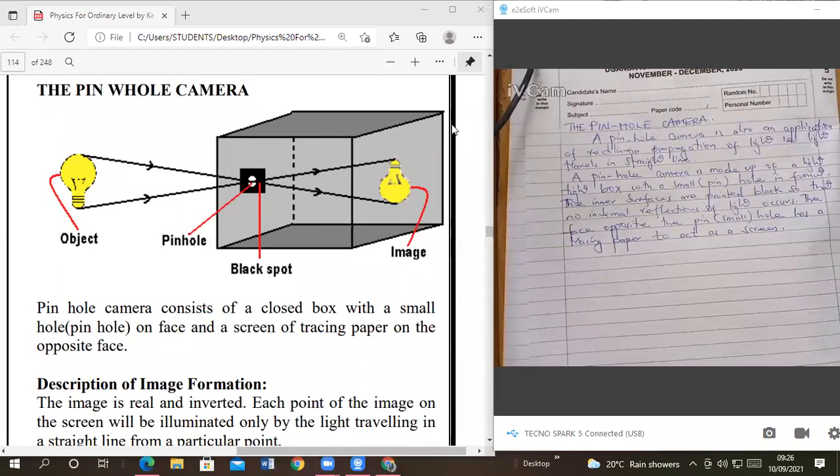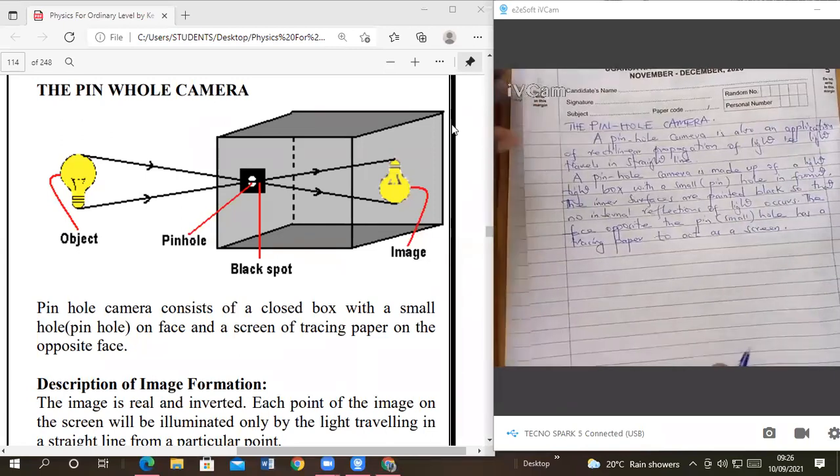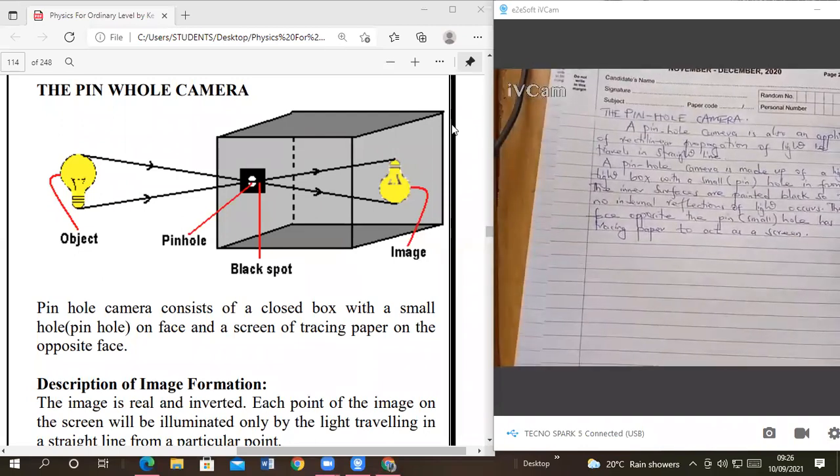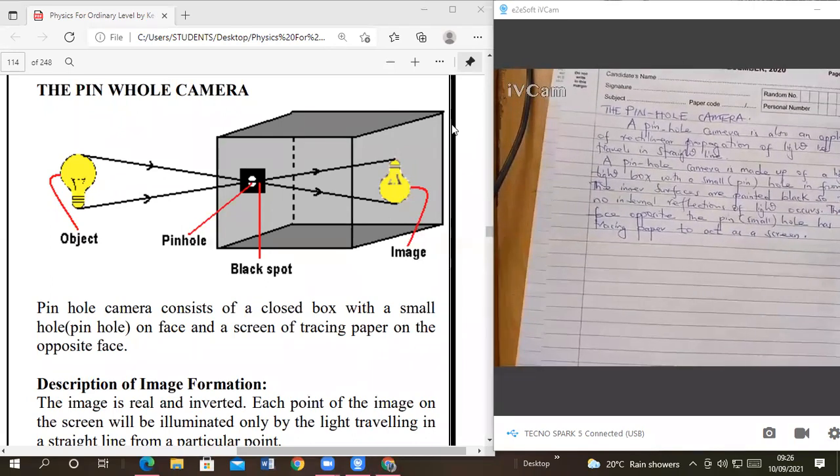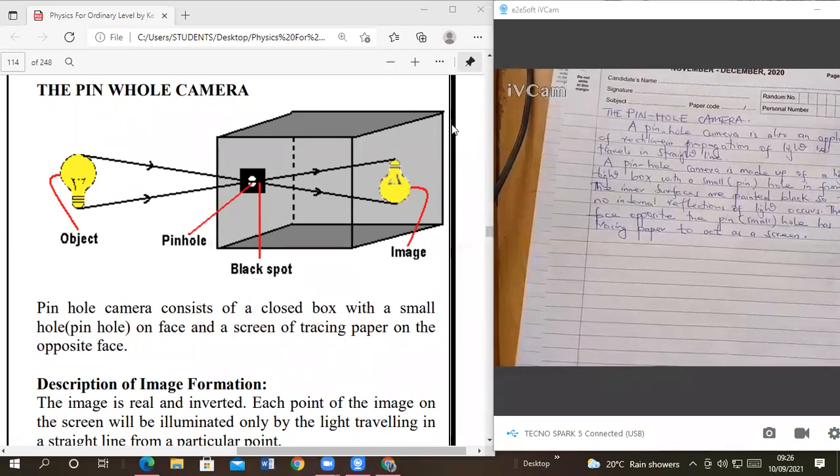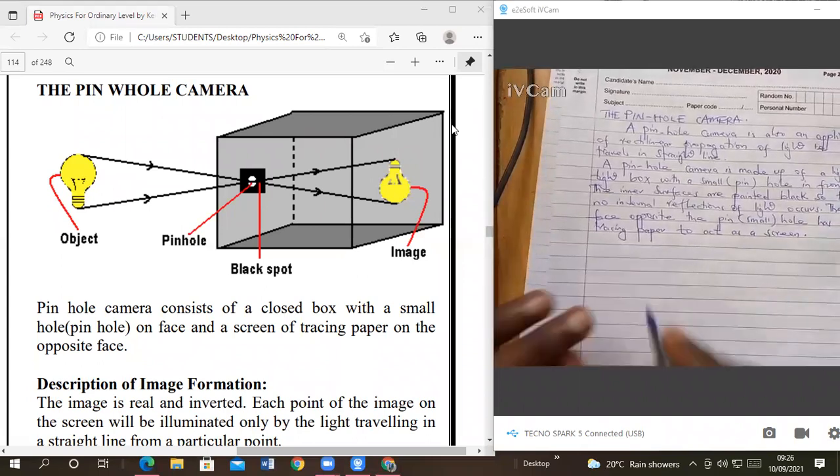Members, is it okay? Good. After that, let's look at how it operates. Mechanism.